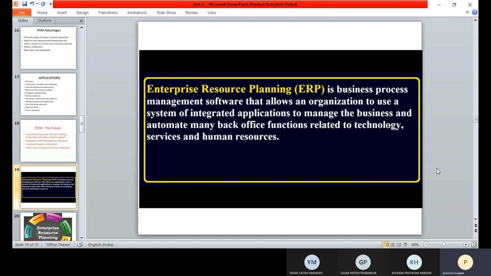So this is about the ERP basically, and it is the system which helps to get the information of a particular person, particular object, particular developed product within a single click. So that is the role of ERP.